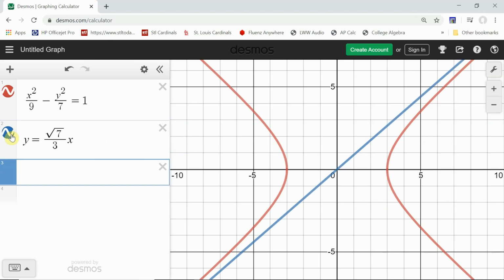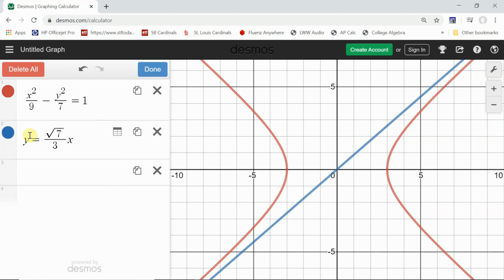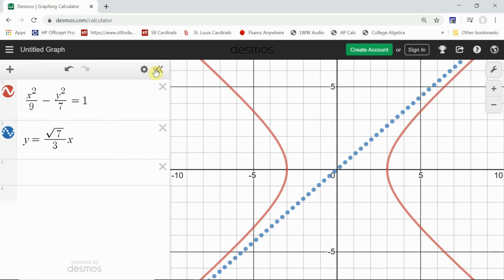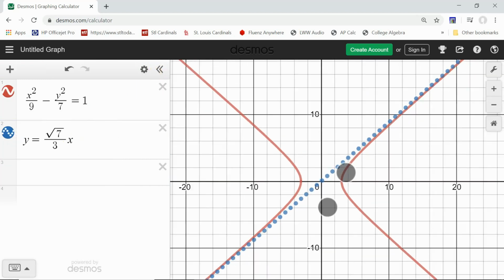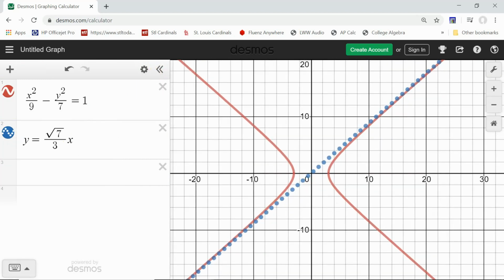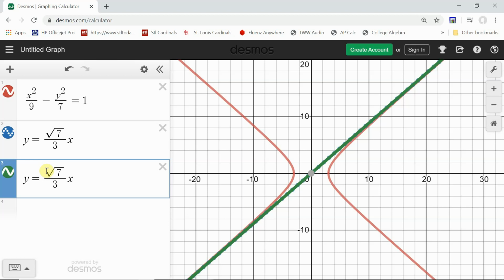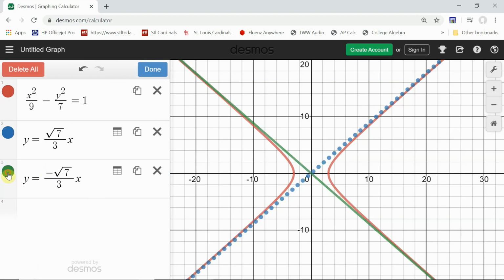And you can see there how nicely that is, make that dotted. You can see how nicely that is fitting, and you can see the asymptote behavior. And then if I graph the same thing here, and then say minus, and you get the other half. So again, these are connected to the cone.